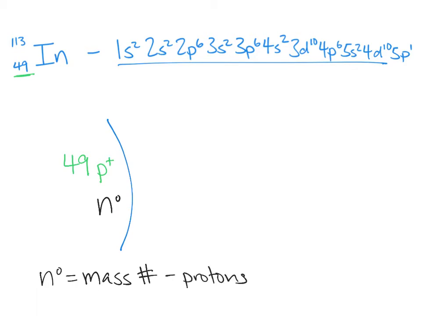Our mass number is that number up on top of the isotopic notation. So you do 113 minus 49 to get your answer, which is 64 neutrons. So we got 49 protons, 64 neutrons in the nucleus. The thing that's left to figure out is the number of electrons on each ring going away from the nucleus.